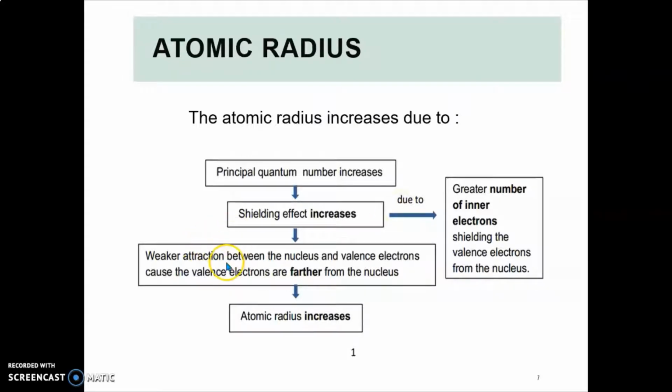So the attraction between the nucleus and valence electrons becomes weaker, and the valence electron is further from the nucleus. So the atomic radius increases when going down a group.